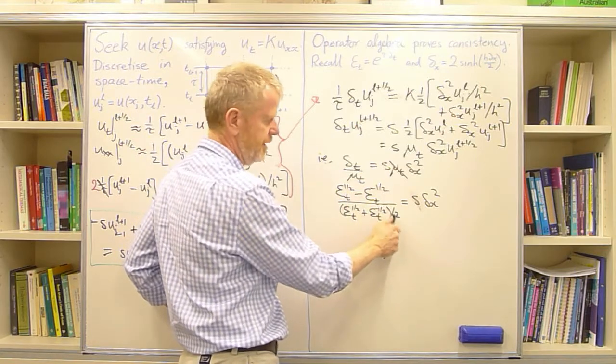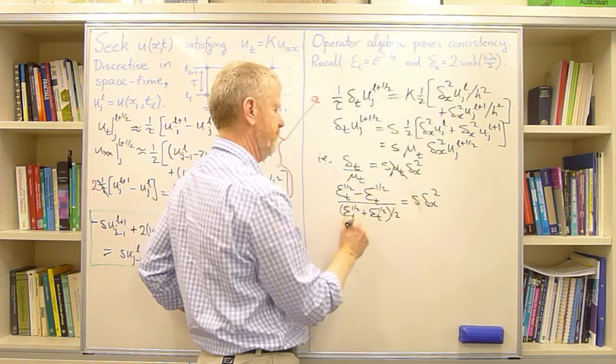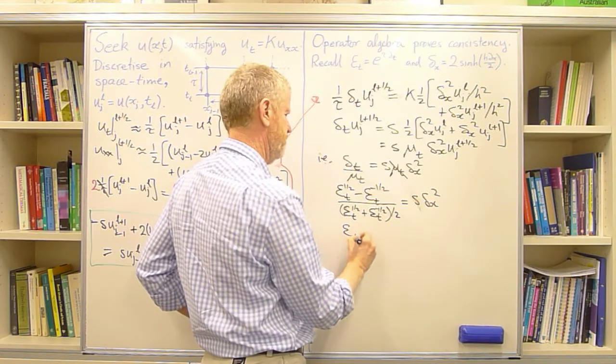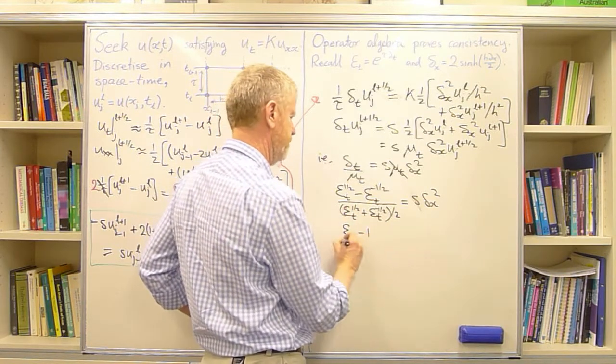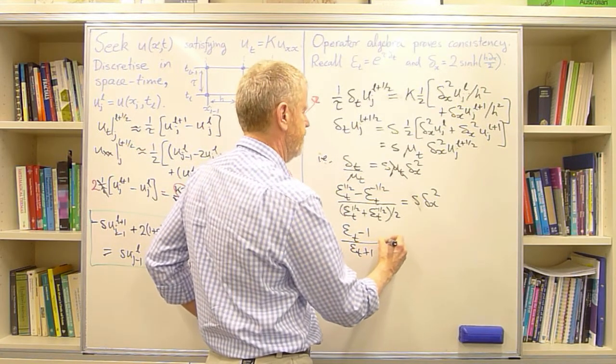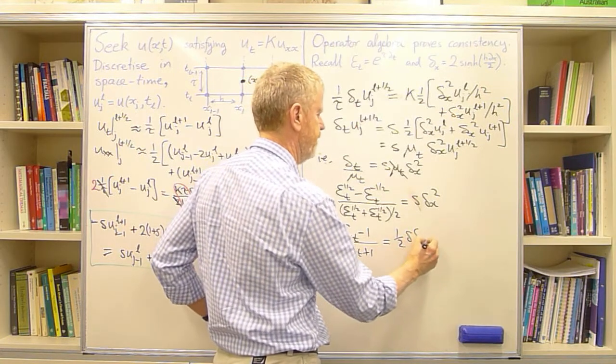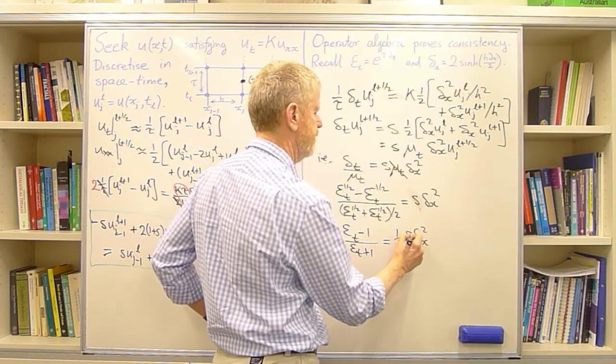Well, this division by a half is multiplication by 2 in the numerator, so divide by it and we get a half on the right-hand side. So let's do both of those. That's E_t minus 1 over E_t plus 1 is equal to a half s delta x squared.